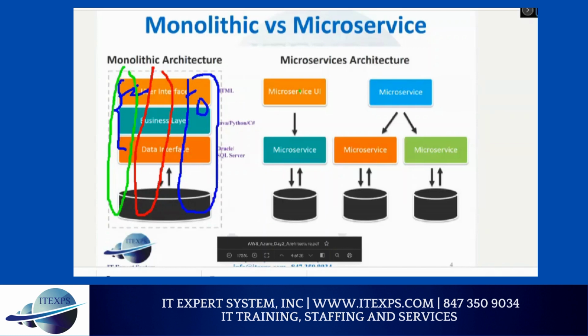So the microservice concept says you can have a UI, you can have a data programming service, and a database for search only, product search. You can have a separate UI, and you can have a database for shipping only. You can have database, UI, and service for order only.